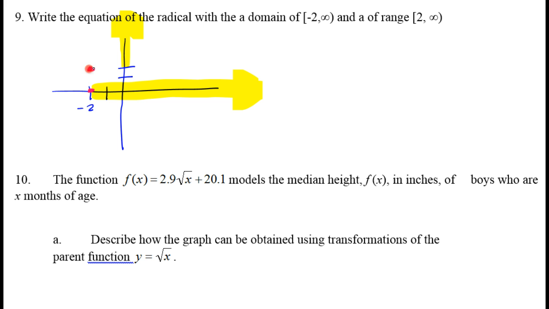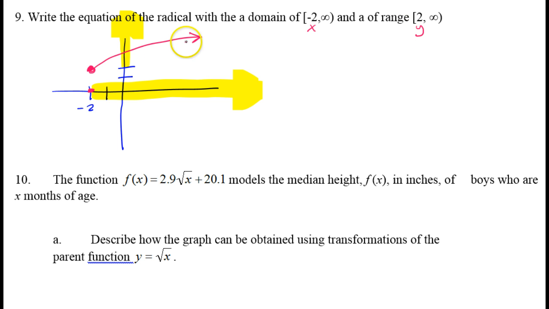So if I put those two together, I'm starting at an x value of -2 and a y value of 2. And in both cases I need to go towards positive infinity. That's to the right and up. So if I go like this, that's going to satisfy both criteria.